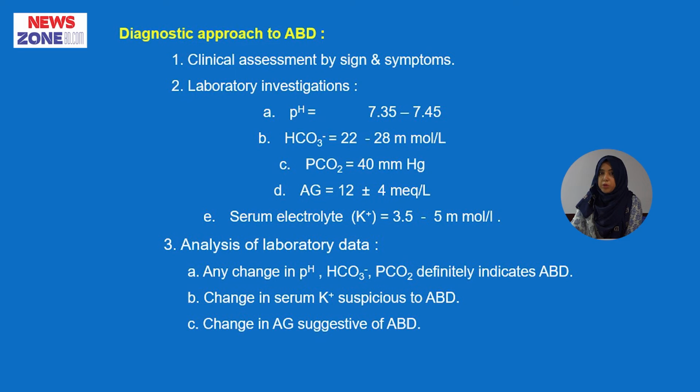So, any abnormalities of these can suggest acid-base disorder. Analysis of laboratory data: any change of pH, bicarbonate and partial pressure of carbon dioxide definitely indicates acid-base disorder. Change in serum potassium level is suspicious of acid-base disorder, and change in anion gap is suggestive of acid-base disorder.